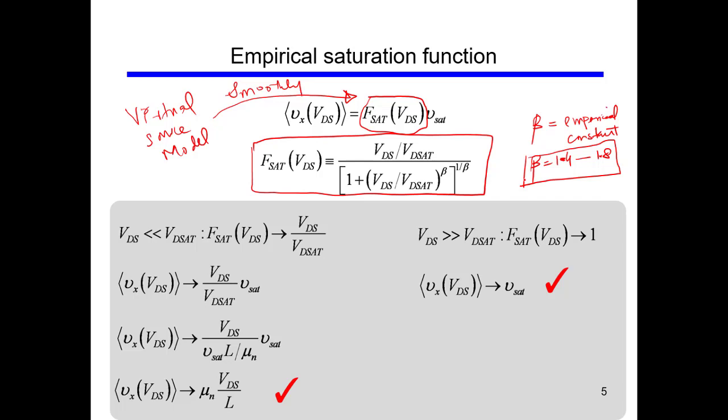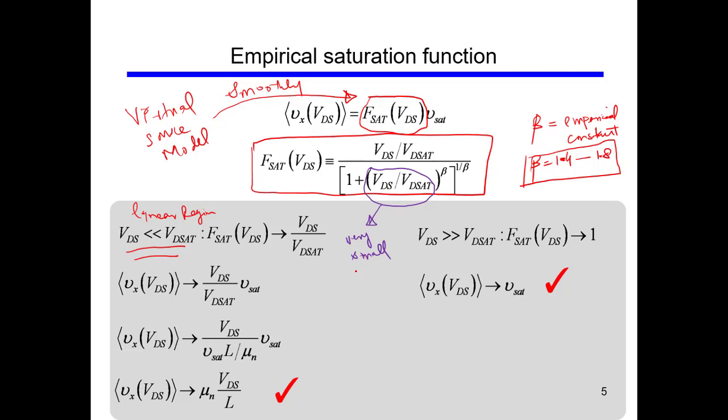When we have VDS very much less than VDSET, this is the linear region. In that case, this quantity becomes very small.